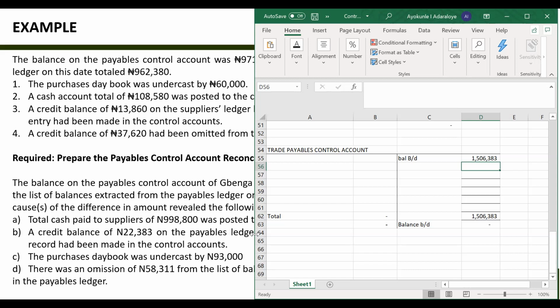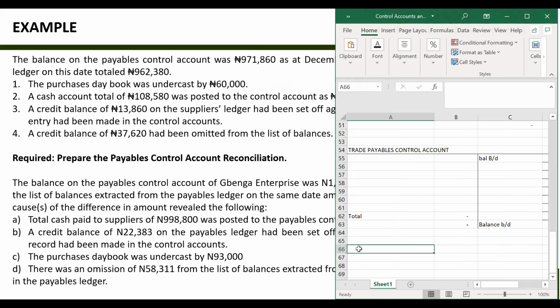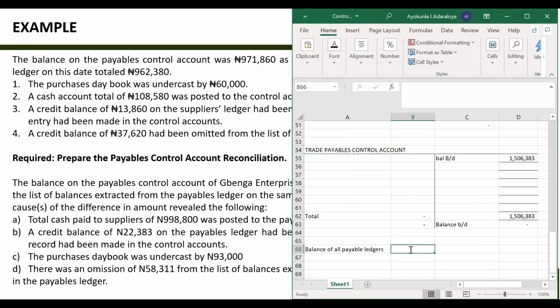So this is the balance of all payables ledgers, like we did for receivables. This is how I like to solve my question so that I don't miss out any information. How much is it? 1,491,689.